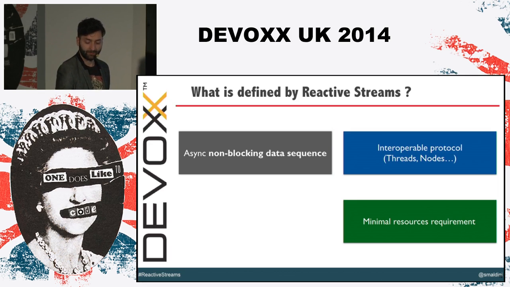So there is definitely something interesting about Reactive Streams. It's not only about Java. Reactive Streams is an interoperable protocol, which means the specification does not mandate the use of a threading mechanism in Java, for instance. It can be applied directly at transport level.